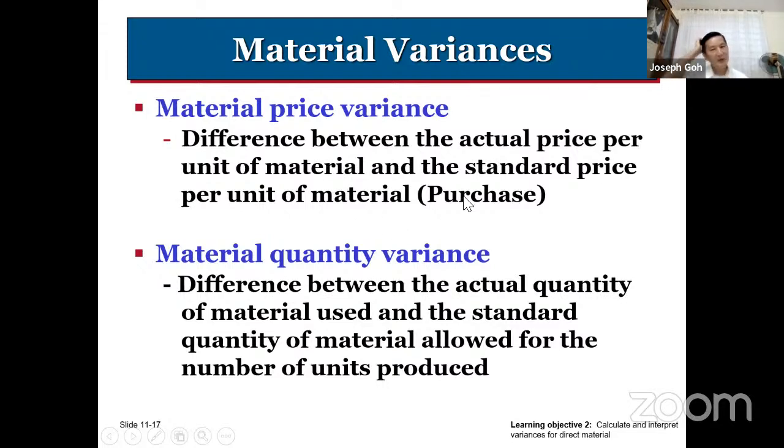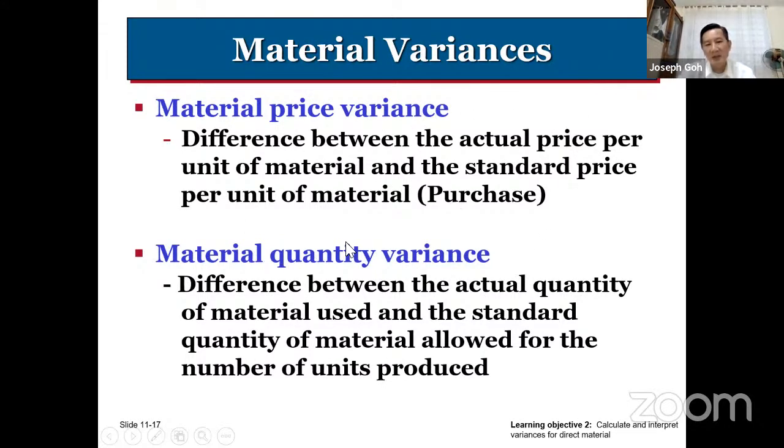So you already buy at a higher price, an extra 20 cents in this case. So you overspend 20 cents. In case you buy about, let's say, 1,000 kg in order to produce your next product, you will overspend 200 as compared to your standard.